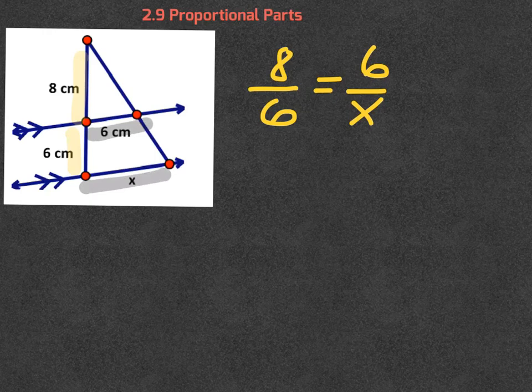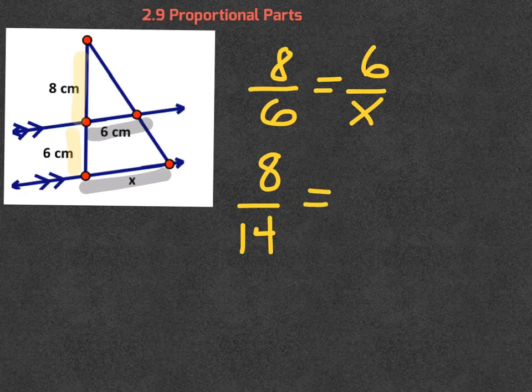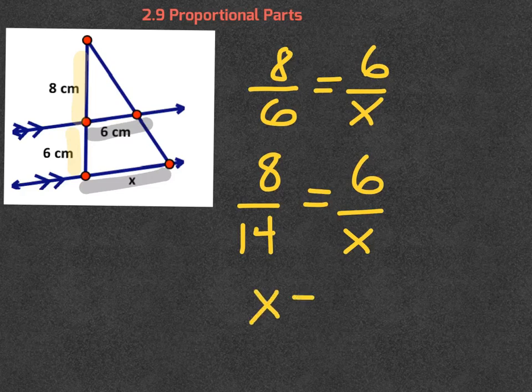So a correct student would say, pay attention, 8 is to 14 as 6 is to x. And when we cross multiply and solve that particular problem, we are going to get the nice value of 10.5.